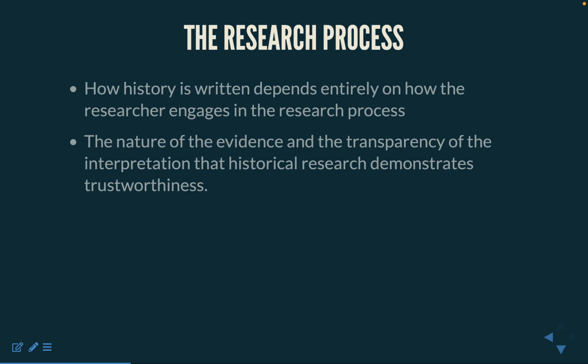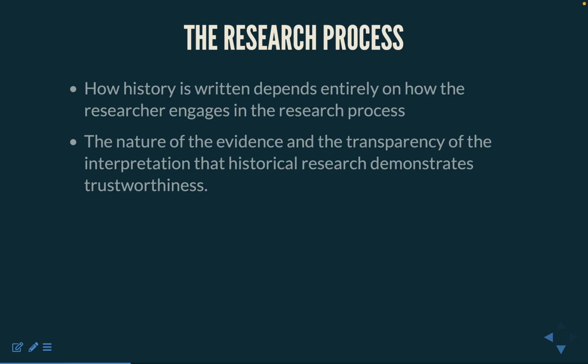How history is written depends entirely on how the researcher engages in the research process. The nature of the evidence and the transparency of the interpretation demonstrate trustworthiness in historical research. During each step of the process, it is up to the researcher to use whatever means possible to demonstrate trustworthiness without attempting to deny some level of subjectivity.